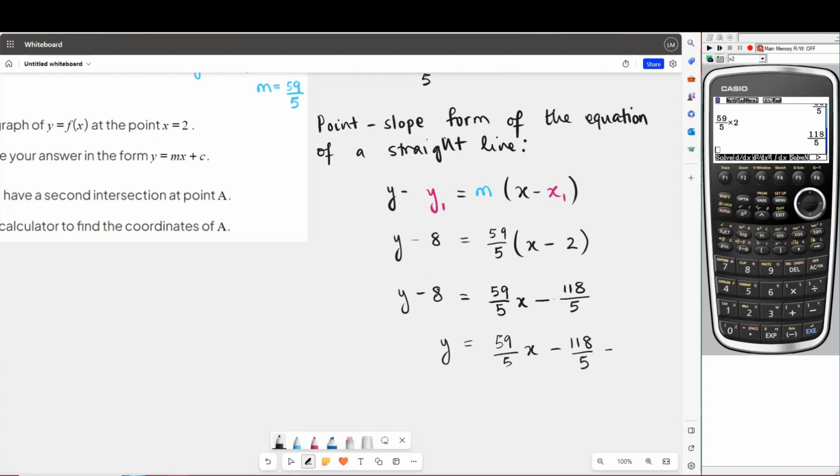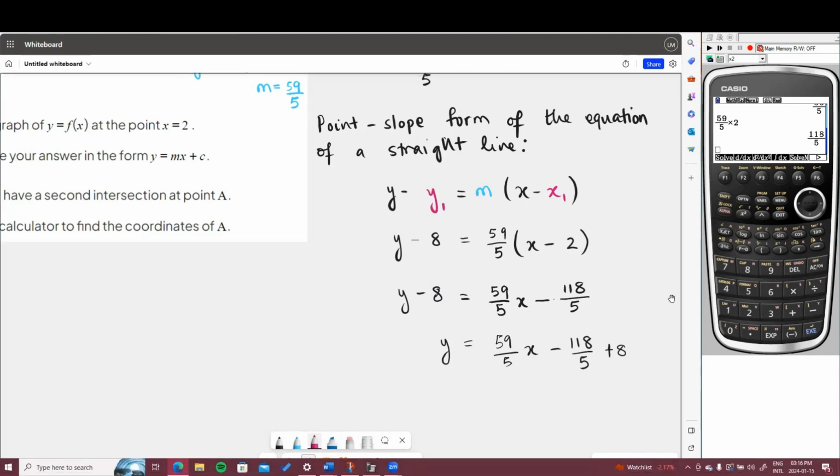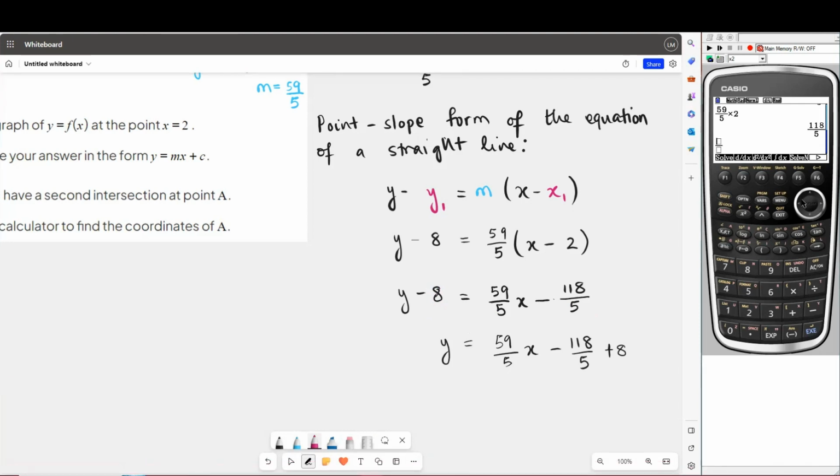And like I said, I'm adding 8 to both sides, right? I'm going to add 8 here, and the effect it has is it gets rid of the 8. Then we have to do the same thing on the right side of the equation to maintain the balance. Okay, that's what happened there. Then on your calculator you're going to do negative 118. Why am I saying negative 118?